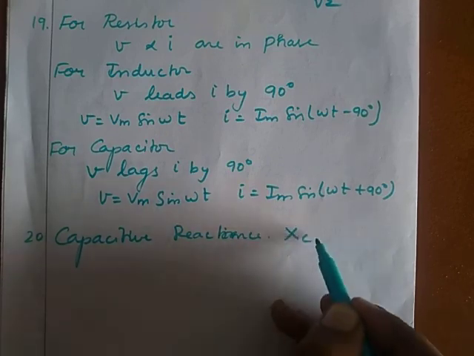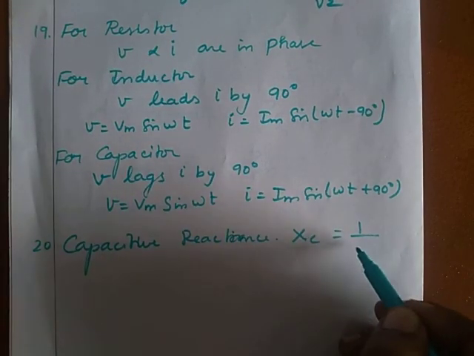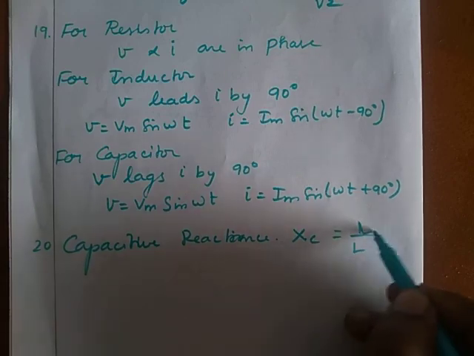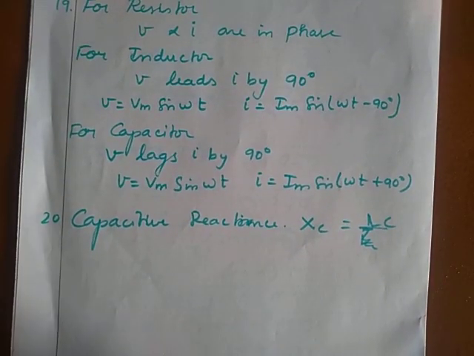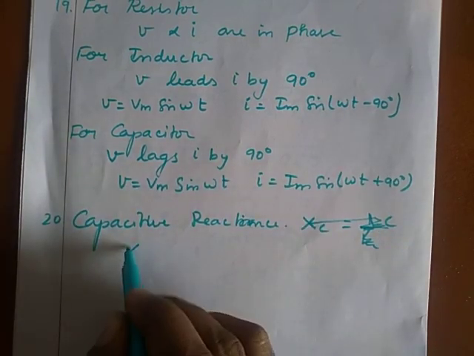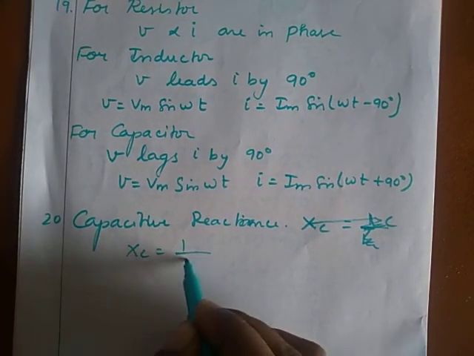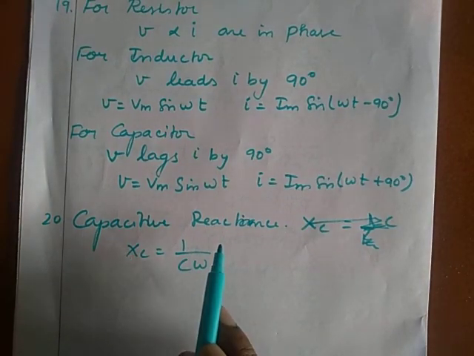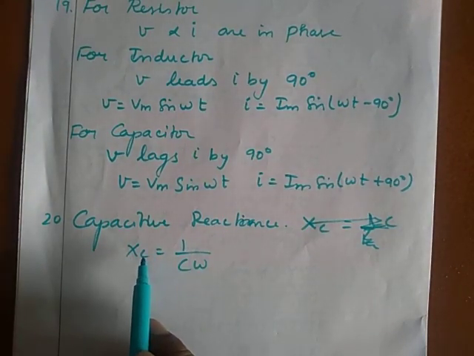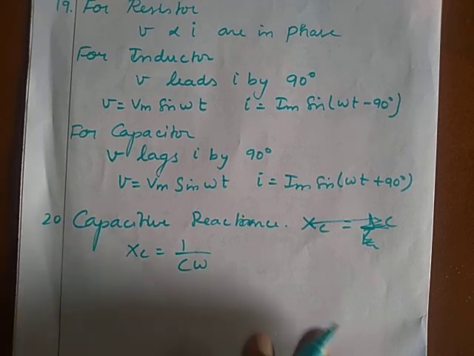That is represented by the symbol XL, which is equal to L omega. Okay, capacitive reactance, XC is equal to 1 by C omega. Capacitive reactance is a resistance offered by the capacitor to the AC.